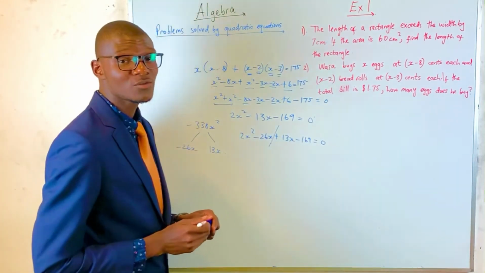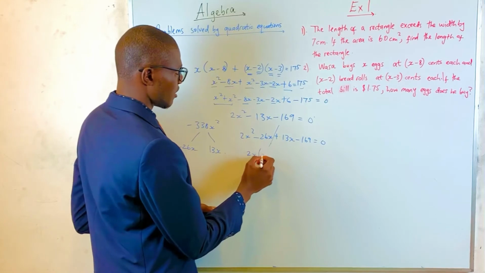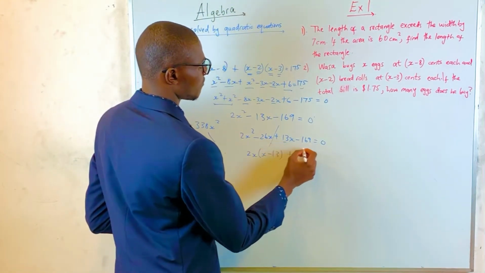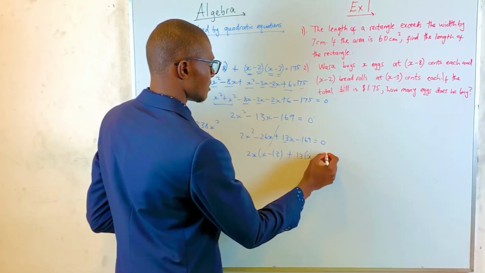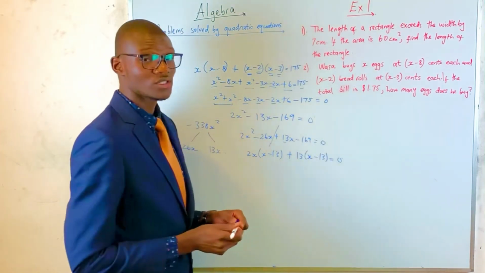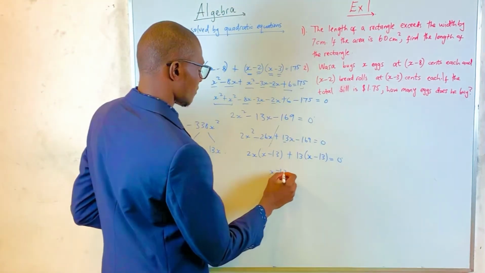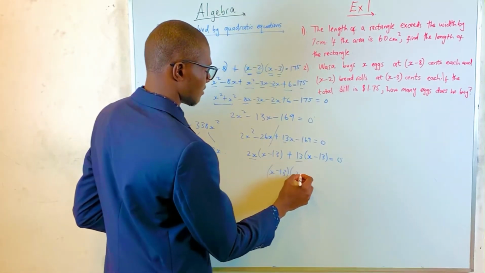If you split the 4-term expression, here if we factor out 2x, we remain with x minus 13. Then plus, here if you factor out 13, also remain with x minus 13. That should be equal to 0. So if we factor out x minus 13, we end up getting 2x plus 13.